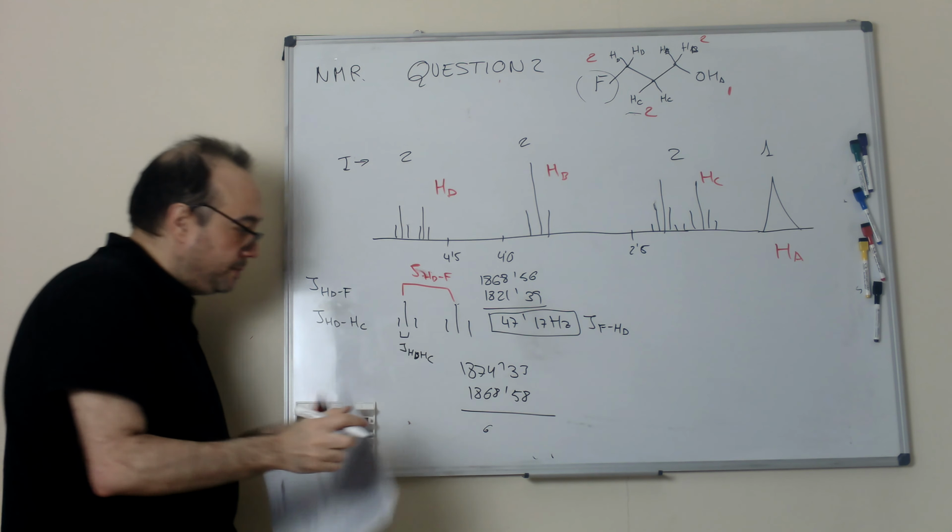And in this signal here, we will see the doublet of triplets of triplets. Probably, for sure, the coupling between HC and fluorine will be the higher one. And then we will see the overlapping of these. If the coupling constants between HC, HD and HC, HB are very similar, like it looks here, what we will see is a doublet of quintuplets, more or less, because these two coupling constants between HC and HB are very similar.